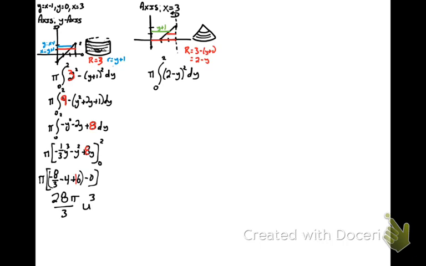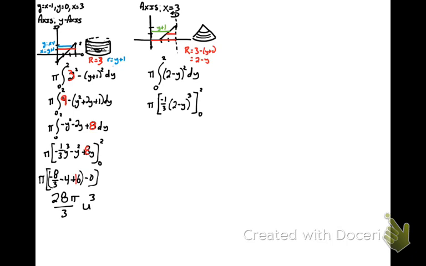I'll integrate this by undoing the chain rule. So this will be pi times, let's see, it would have been 2 minus y cubed times negative 1 from 0 to 2. No, times negative 1/3. That's better. Again, if you weren't sure about what you have for an integral, you can always take the derivative and you should get back to where you started.